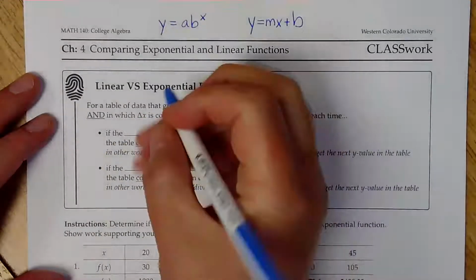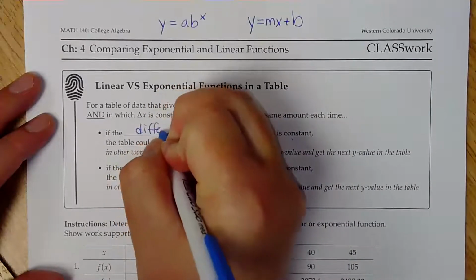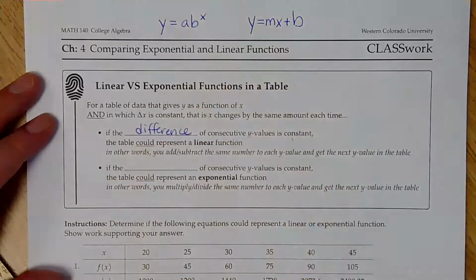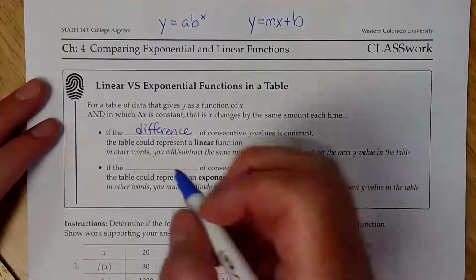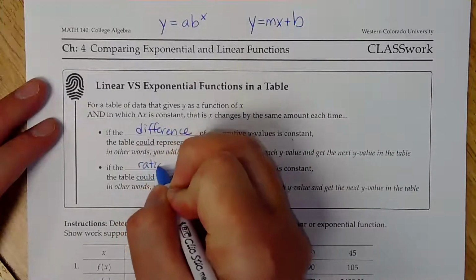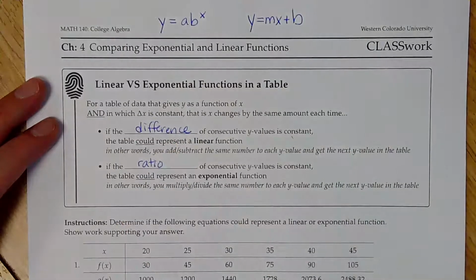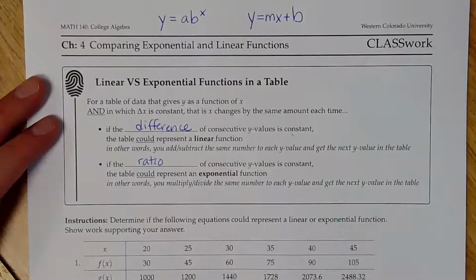If the difference of consecutive y values is constant, meaning you either add or subtract the same amount each time to get from one y value to the next, the table could represent a linear function. If the ratio of consecutive y values is constant, meaning you either multiply or divide by the same number each time to get to the next y value in the table, then that table could represent an exponential function.